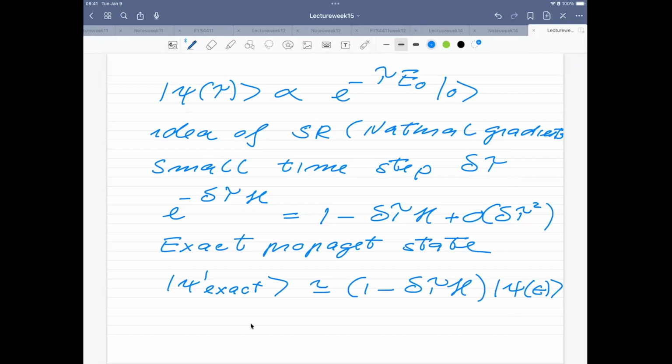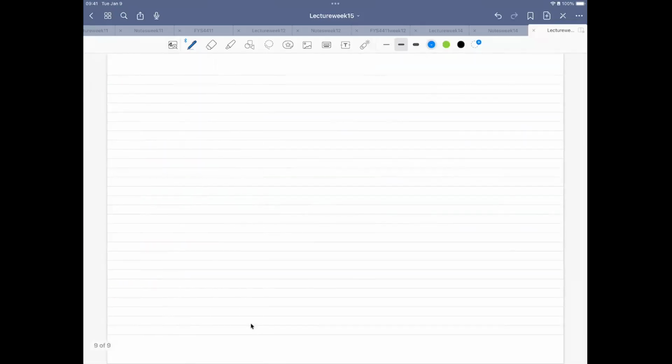Now, there is a small technicality which I'm going to mention. So we have a first order norm preserving form, which is useful technically.